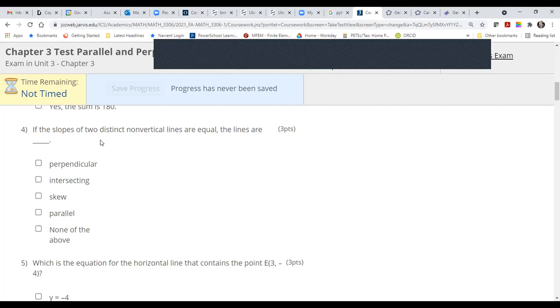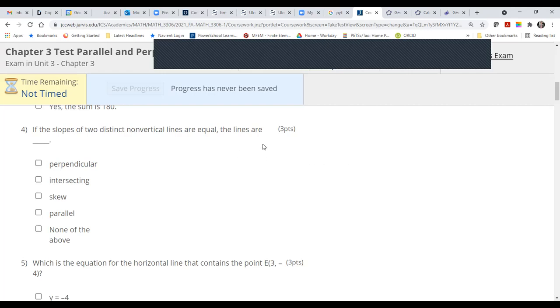Okay. If the slopes of two distinct non-vertical lines are equal, the lines are, yeah, I think it's clear, right, from here.